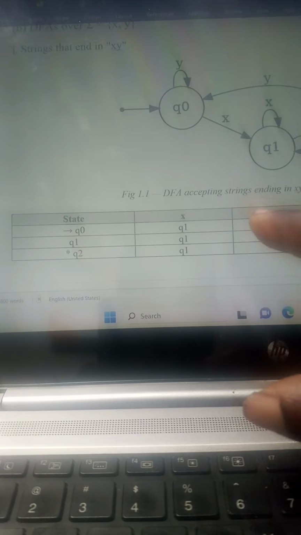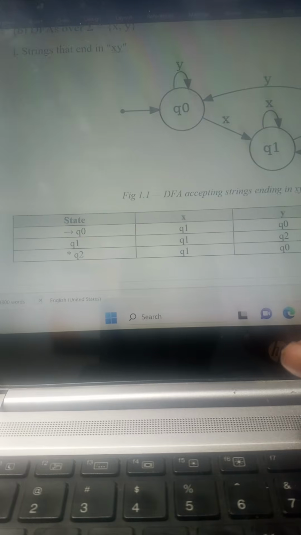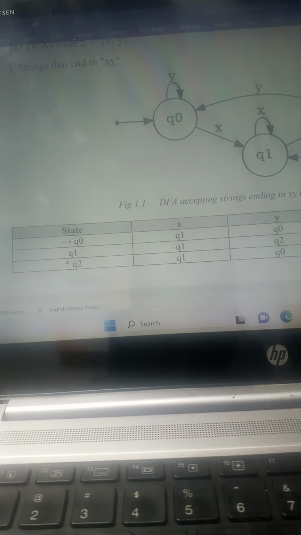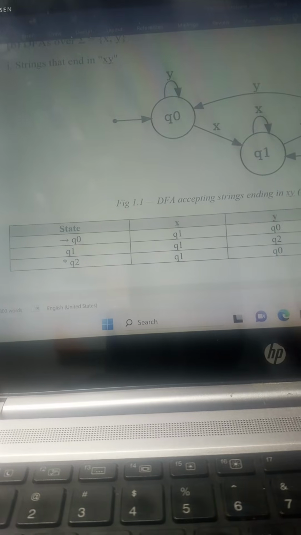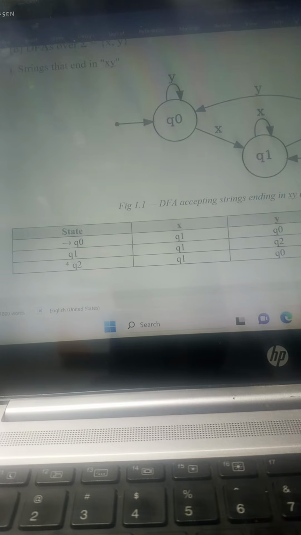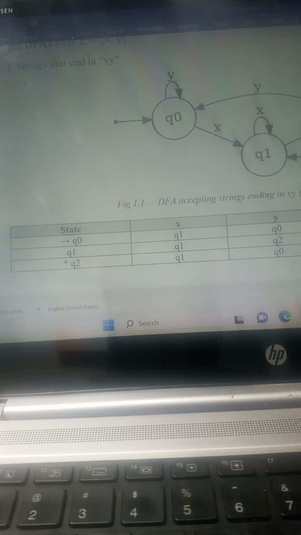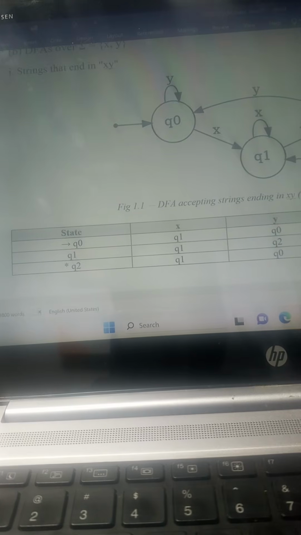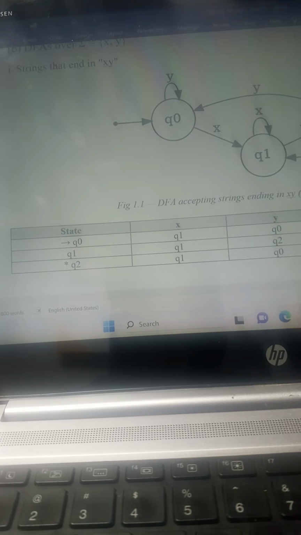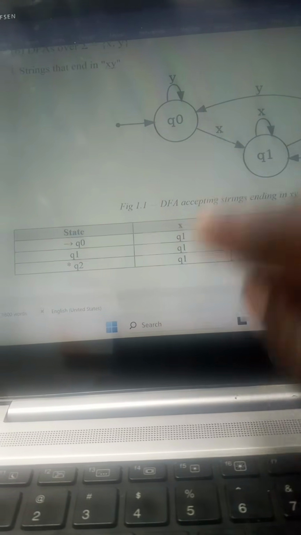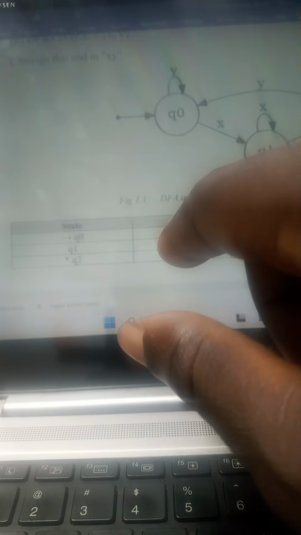So the DFA accepting strings ending in XY has Q0 as start and Q2 as final. When you look at Q2, it has two circles, which is the accepting state, the final state, and the starting state is Q0.